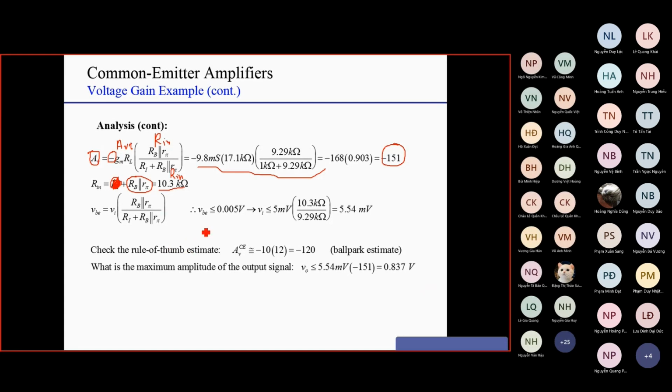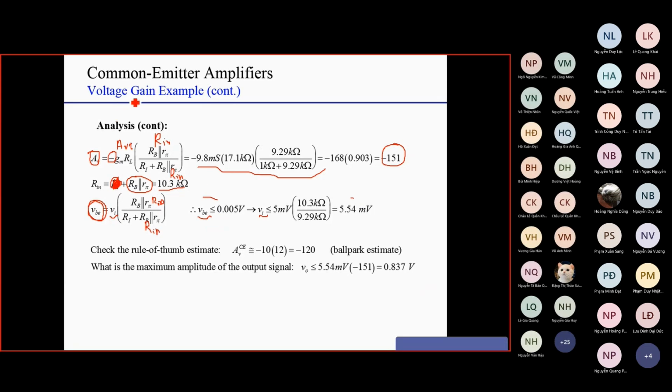So here we should check the condition for the small signal mode. VBE, as we have calculated before, is equal to VI multiplied by Rin over Ri plus Rin.